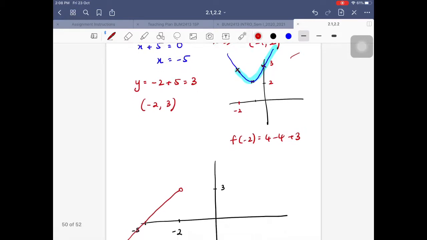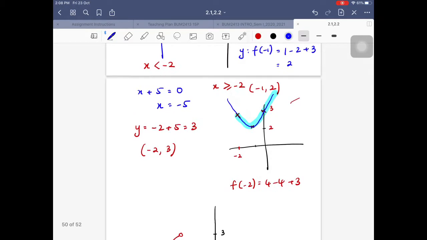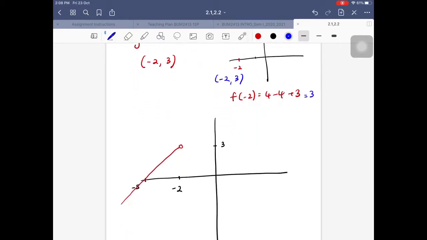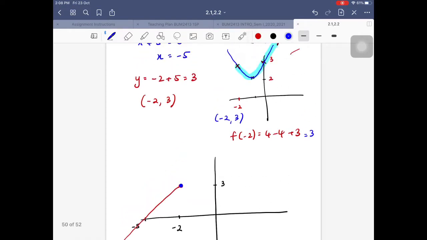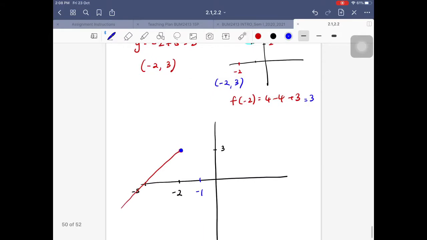And then I'm going to deal with the second function, and I'm going to use blue. When x is -2, the coordinate is going to be (-2, 3), which overlaps in this case, meaning I'm going to have another full circle at the same place, and the minimum value is going to be at (-1, 2).